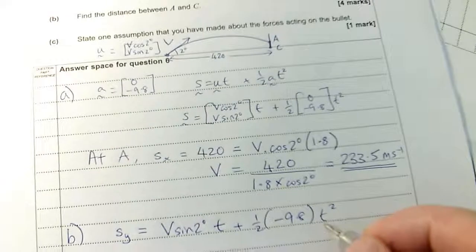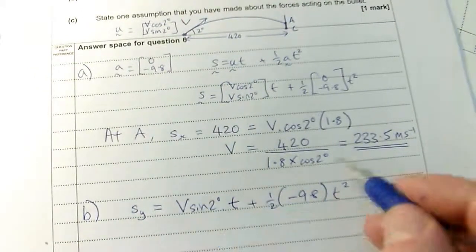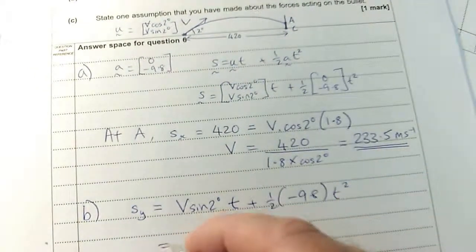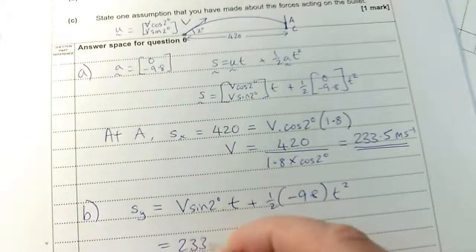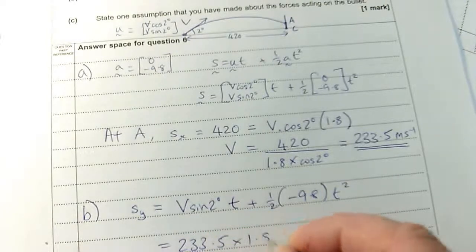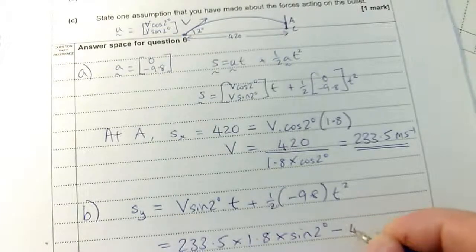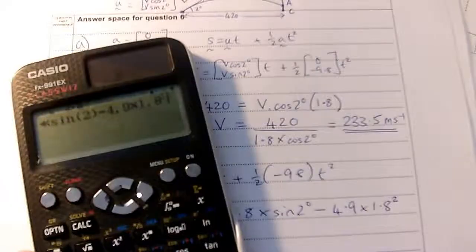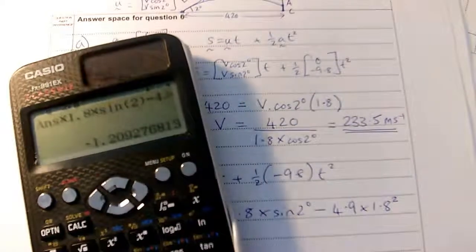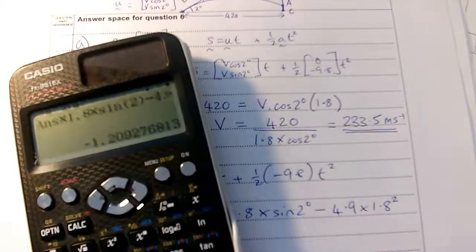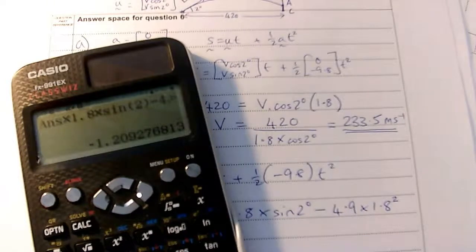Of course I know t is 1.8, and I now know that v equals its previous answer. So this is 233.5 times 1.8 times sine of 2 degrees minus 4.9 times 1.8 squared, and I get minus 1.209. So that's minus 1.21.